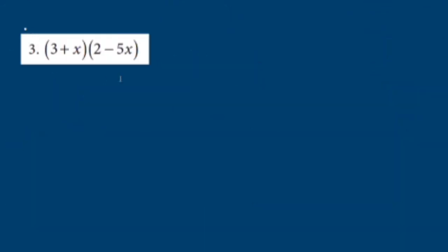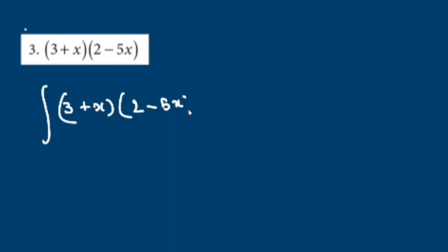(3 plus x) into (2 minus 5x). So we are going to integrate this. So for integration, you should put the integral sign: integral (3 plus x) into (2 minus 5x), put dx. Before you integrate, you have to simplify this. So let us multiply this. Normal multiplication, I'll put one I here.